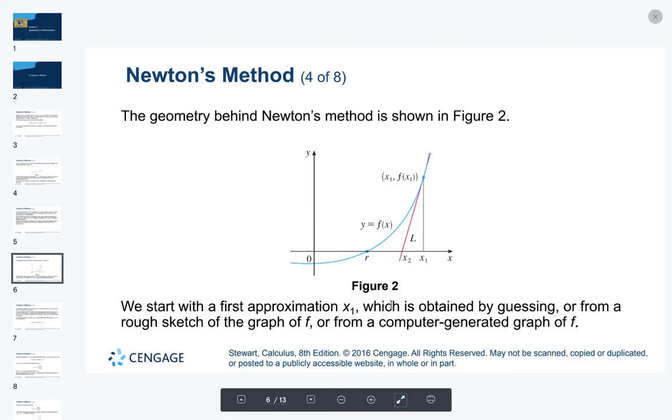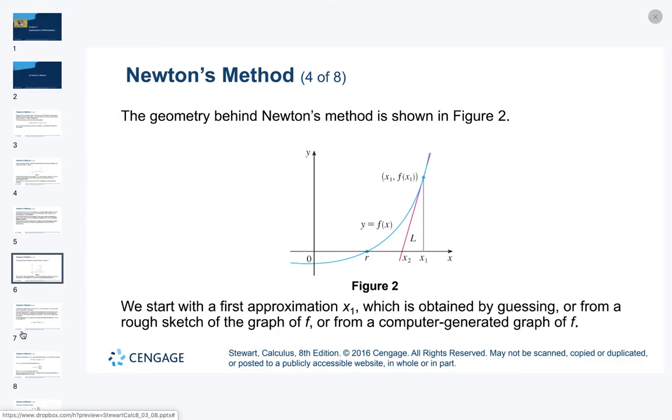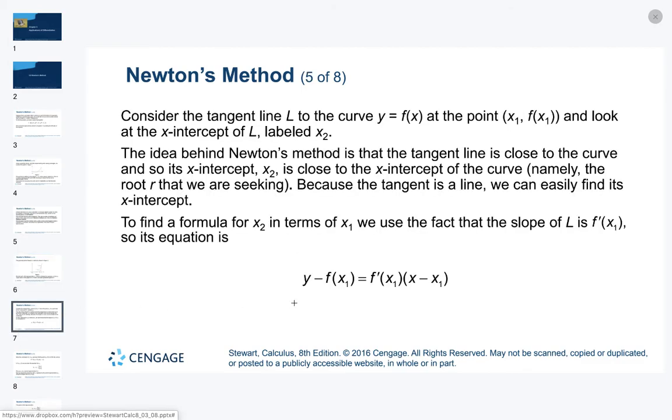Do we know how to find the equation of a tangent line? Yes, we do. Because we know the derivative that gives you the slope and you have a point. The point-slope method gives you the equation of the tangent line. Once you have the equation of the tangent line, the x-intercept gives you the second point.